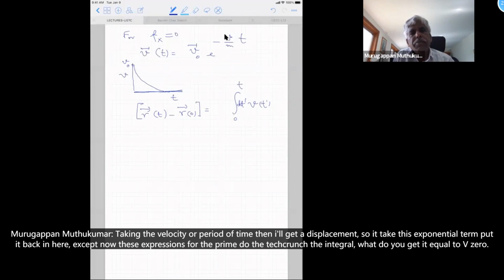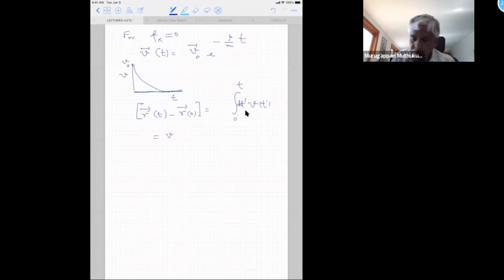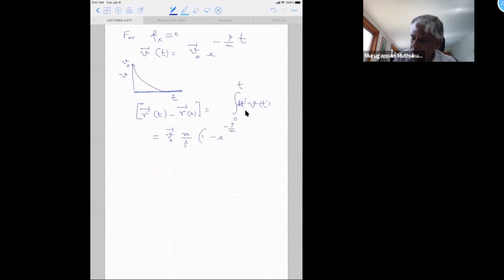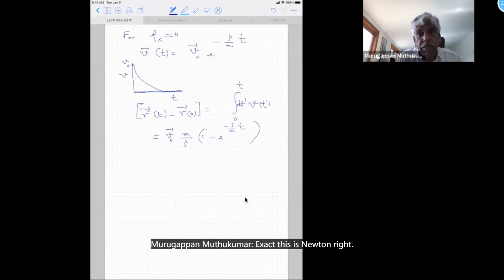So you take this exponential term, put it back in here, except now the expression is for t prime, and do that exponential integral. What you get is v0 times m over zeta, 1 minus e to the minus zeta over m times t. It's exact. This is Newton, hundreds of years old. So displacement is given by this formula.